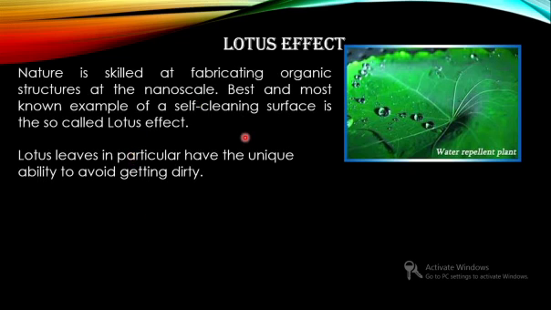Nature is skilled at fabricating organic structures at the nanoscale. So nature always builds things in the nanoscale. The best and most known example is self-cleaning surfaces. Those are called self-cleaning surfaces, which are found in the lotus leaves.